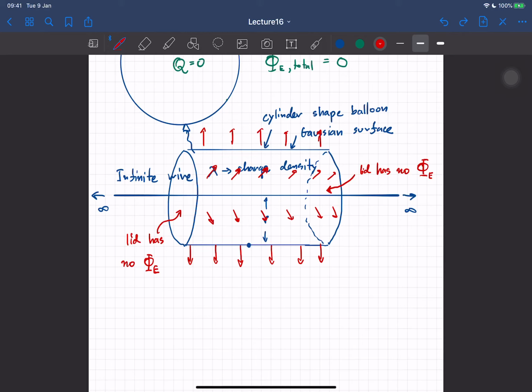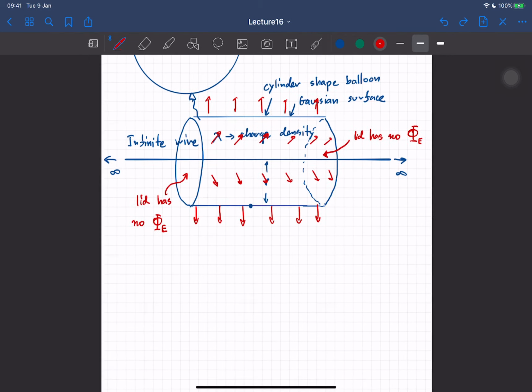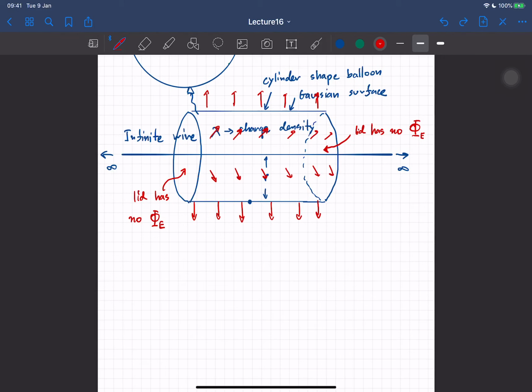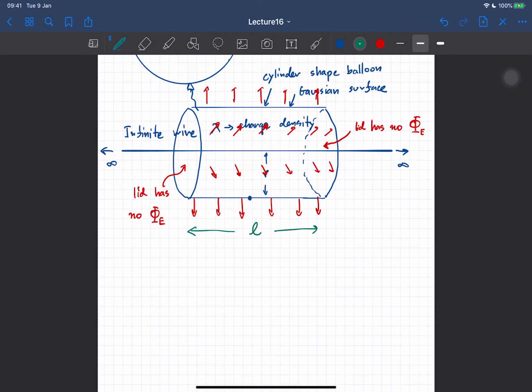This takes some imagination of how the geometry works, so think about this slowly. I will assume that the length of the cylinder that I drew here is small l. So I will write down Gauss' law and then try to use it to calculate.